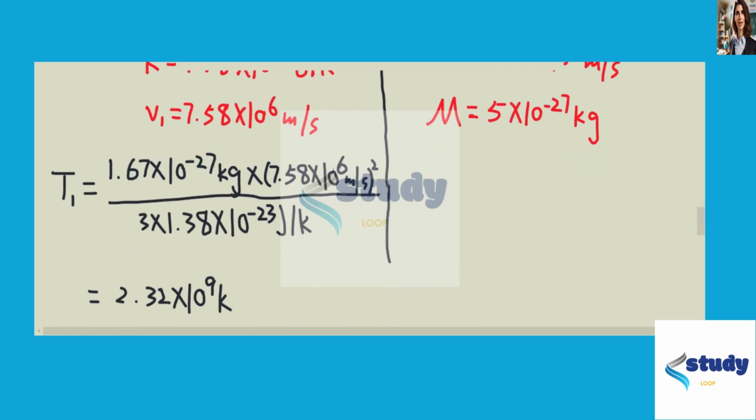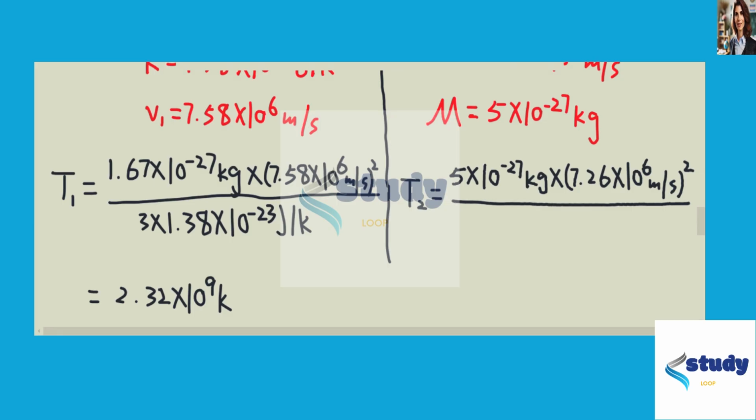Therefore, T2 is equal to 5 times 10 to the power negative 27 kilogram, times 7.26 times 10 to the power 6 meters per second squared, over 3 times 1.38 times 10 to the power negative 23 Joule per Kelvin.